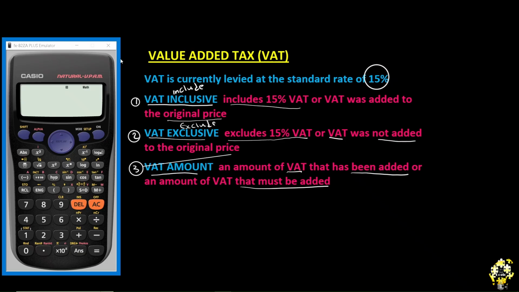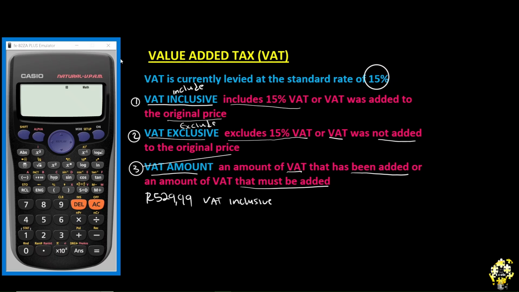So we are going to start here. For the purposes of these examples, let's say that we are going to use 529.99. So this is an item which was bought. Now this item, 529.99, was VAT inclusive.